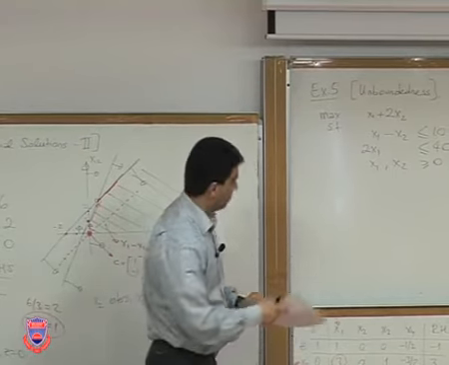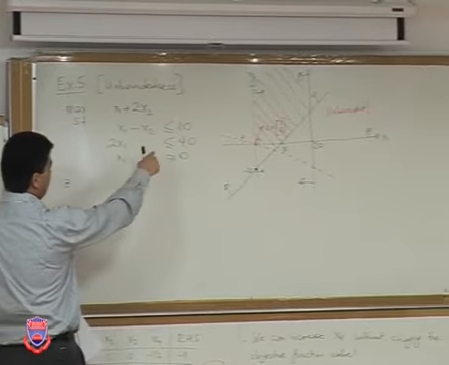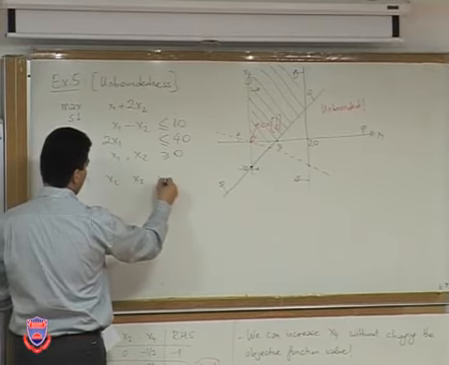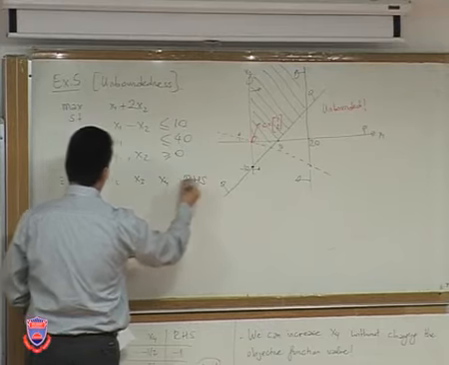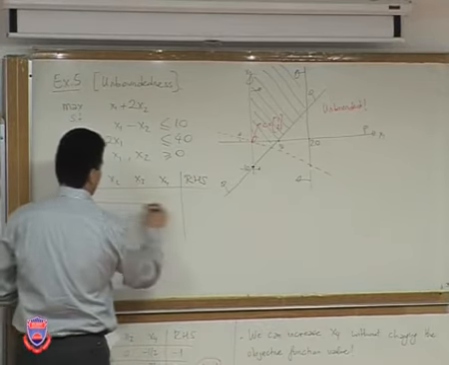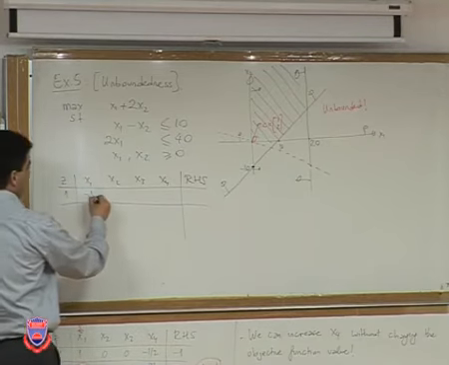So let's set up the tableau again. Once again, I'm going to use x3 and x4 as the slack variables for the first and second constraints. Now, what does row 0 look like? So 1, minus 1, minus 2.